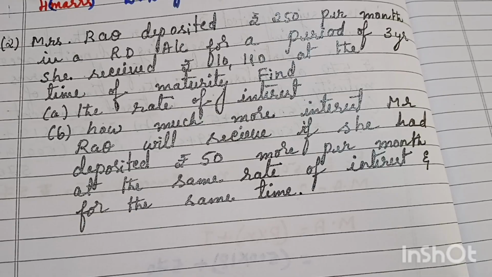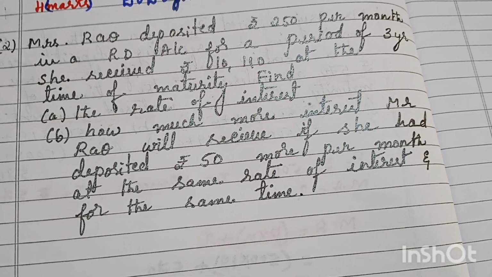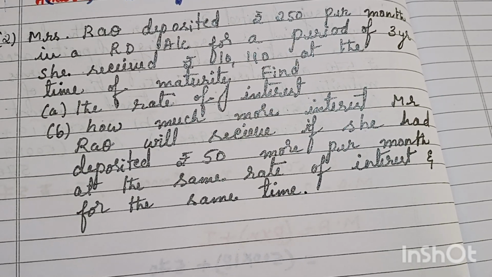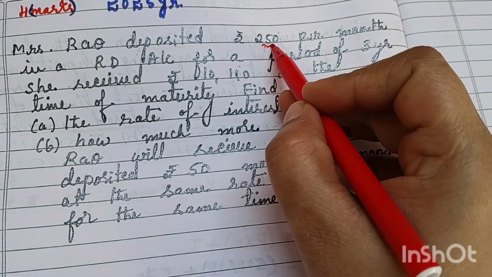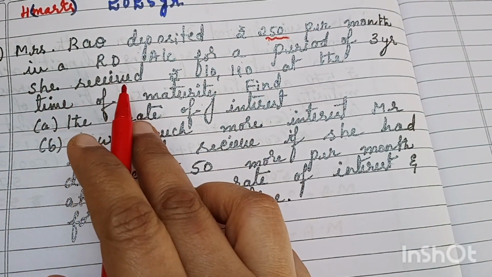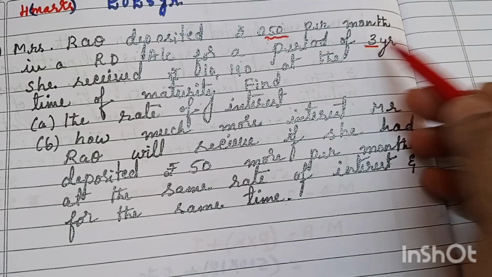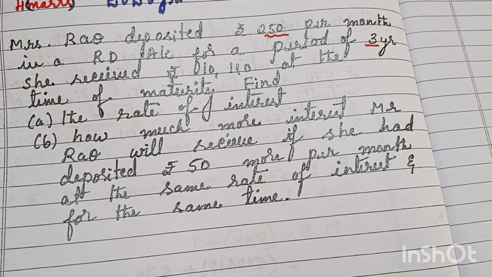Hello children, this is a 2020-25 4 marks question on the banking chapter. Mr. Rao deposited rupees 250 per month, so principal is 250, for an RD period of 3 years.